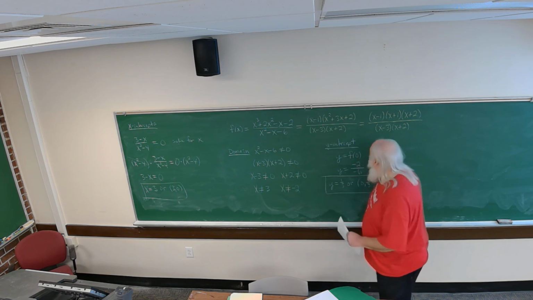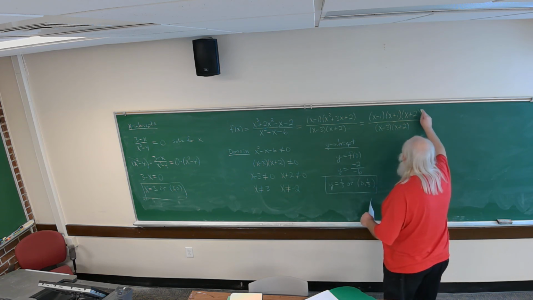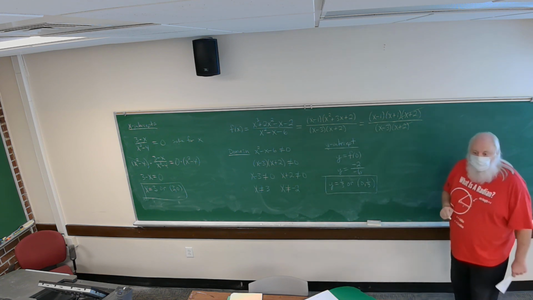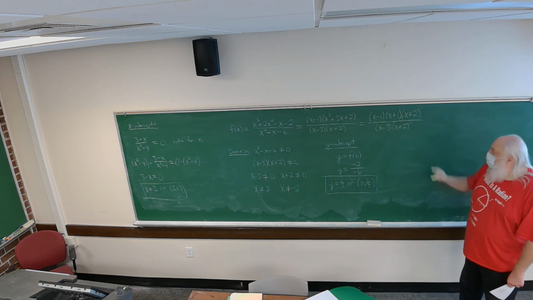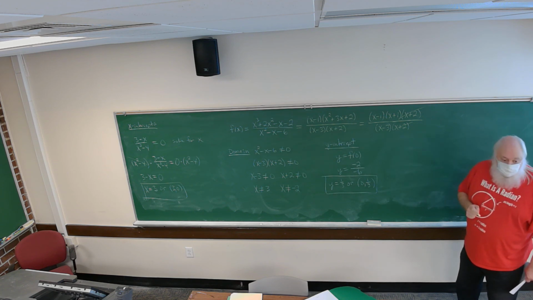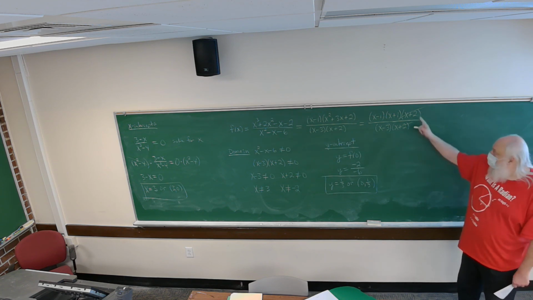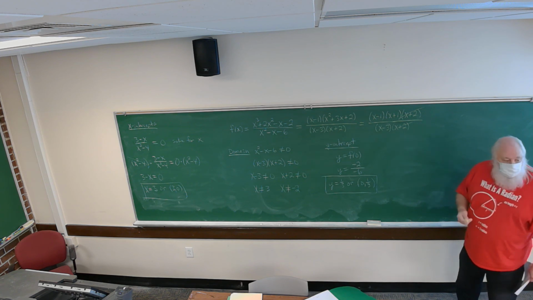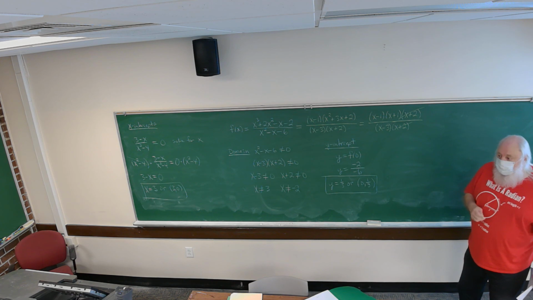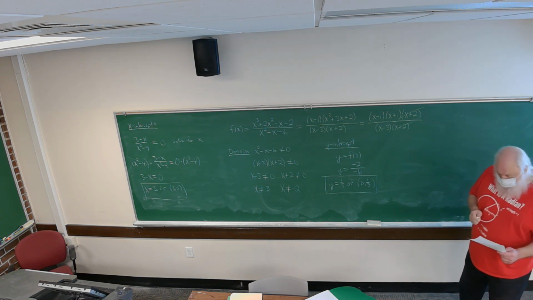So to find the x-intercepts, first you've got to cancel out the common factors. What's happening at x equals minus 2 is there's a hole in the graph. When you have a common factor in the numerator and denominator, that means there's a hole in the graph at that value of x, at x equals minus 2.